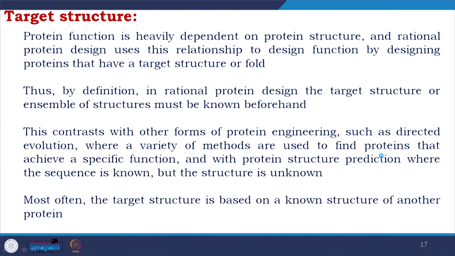Most often the target structure is based on known structure of another protein. So, you might not have the availability of the direct exact structure of that protein, but you need structural information from the related protein, so that you could use that to make a predictive model, 3D model of the target.